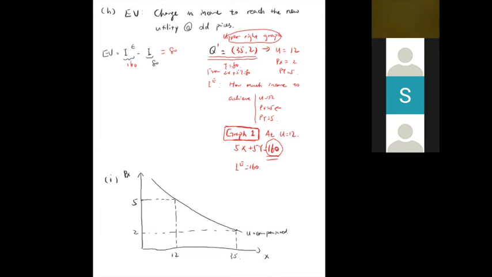This is the Q1. Sorry, this is the Q0. So these 2 points just correspond to them. So we draw the compensated bundle. So this is after the price change, and this is before the price change.